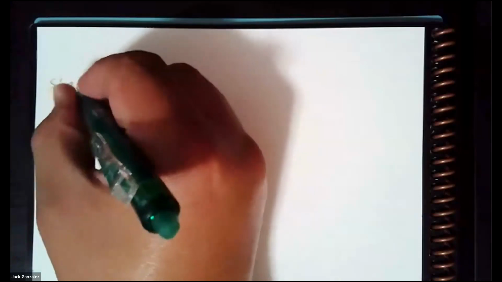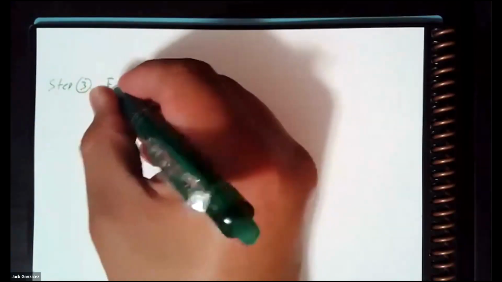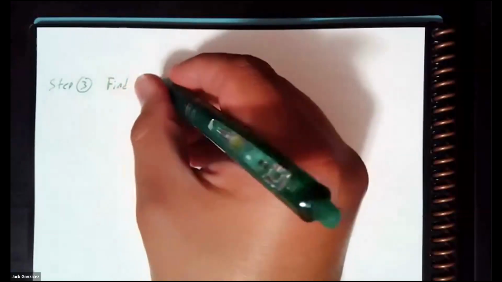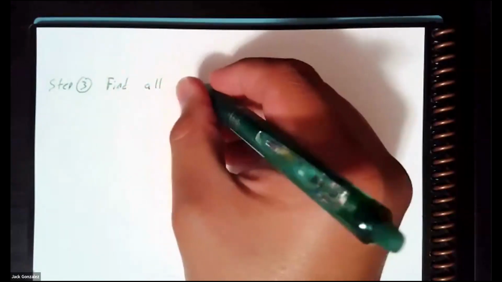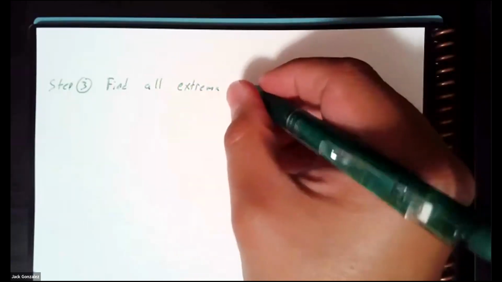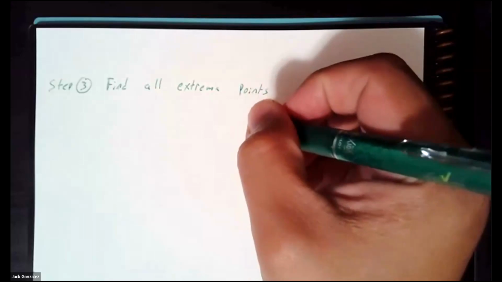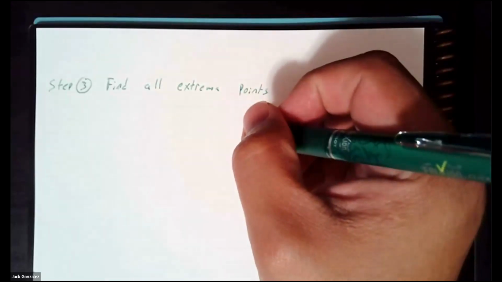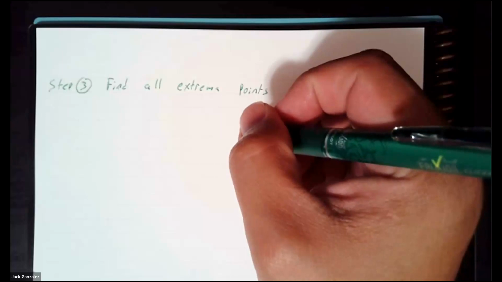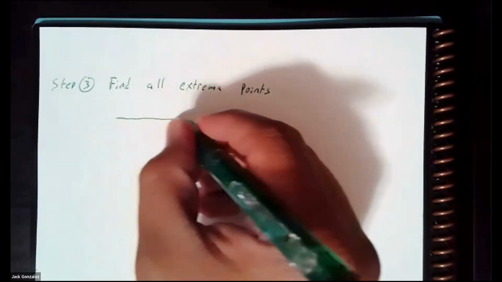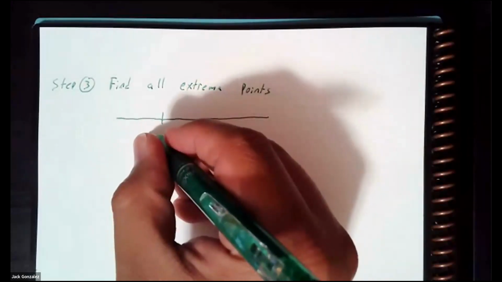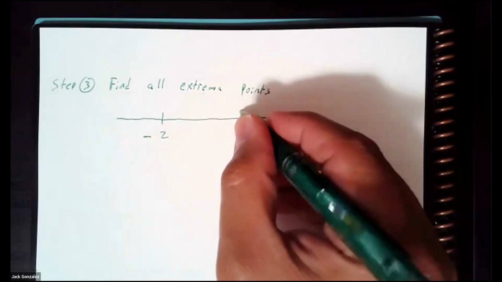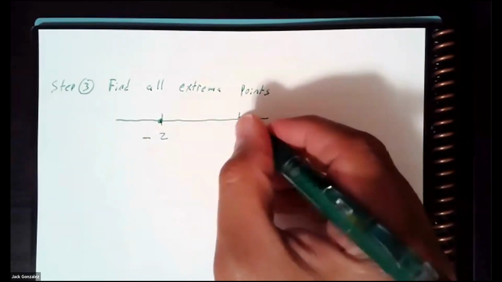Step 3, find all extrema points. Basically, test around your 2 critical points and determine if they're maximums or minimums.